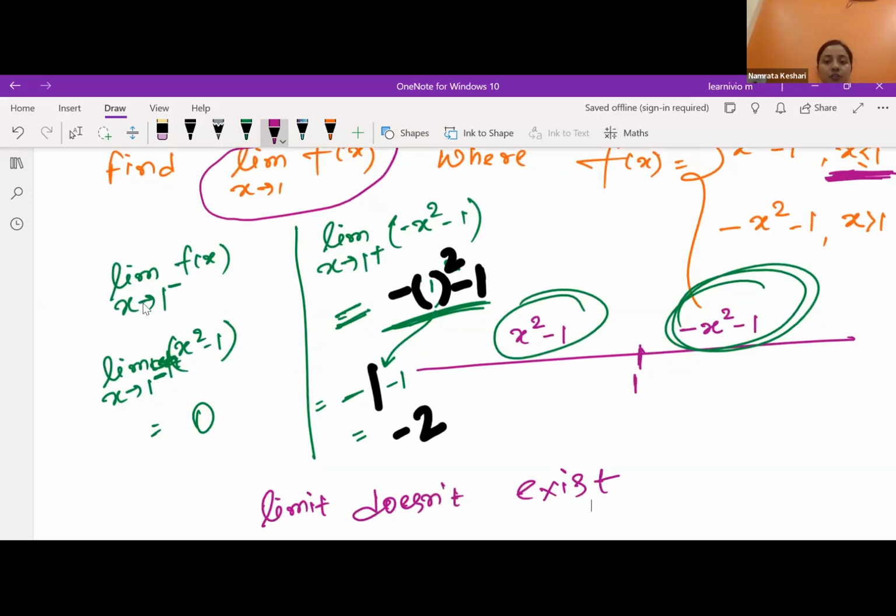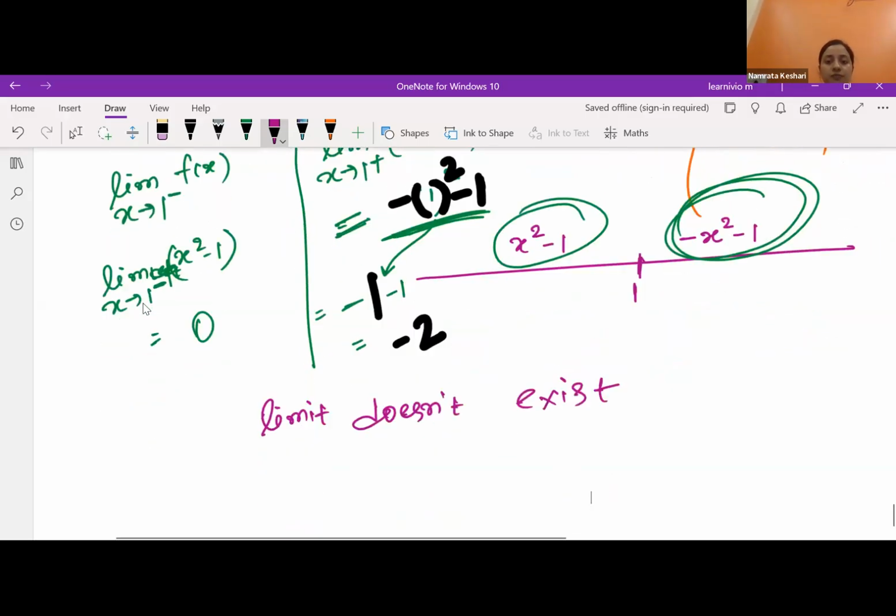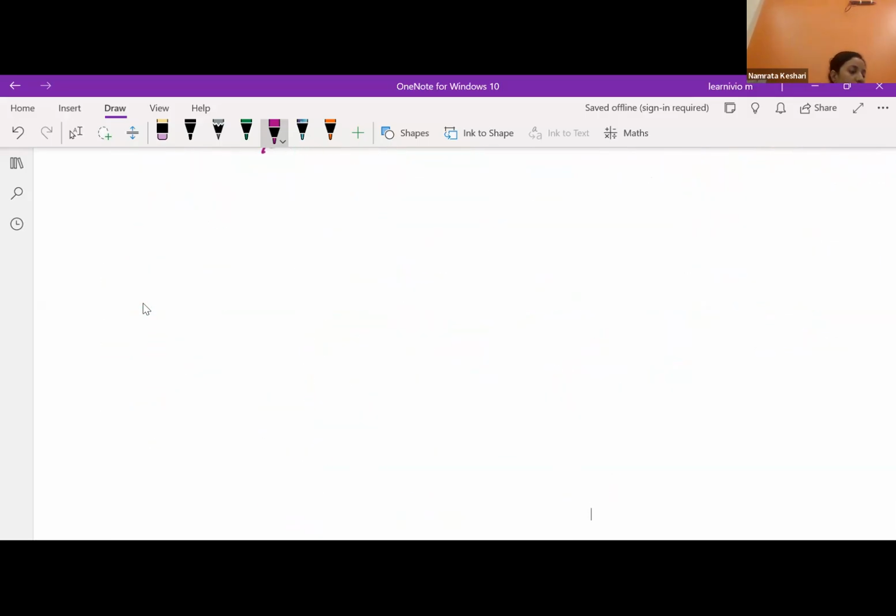Any confusion, Miraj? No. Now I am going to take the modulus. Do you want to write it, note it down? Yes. Sure.